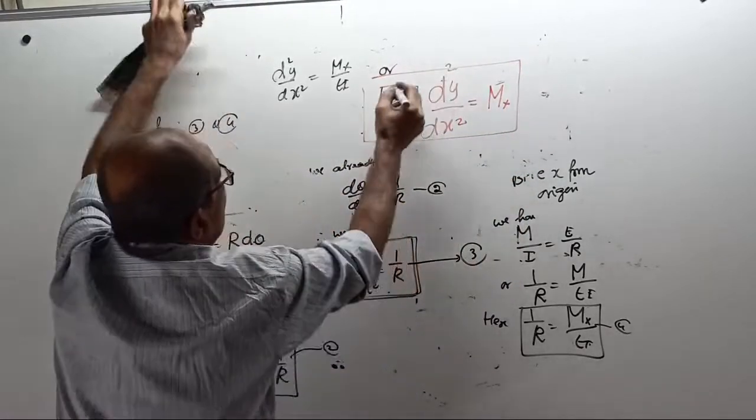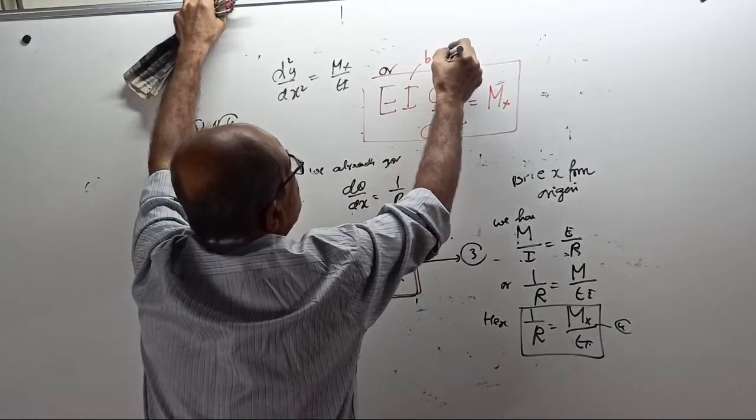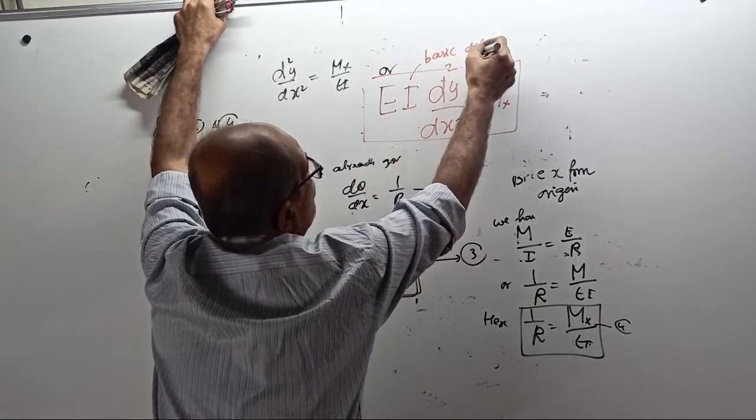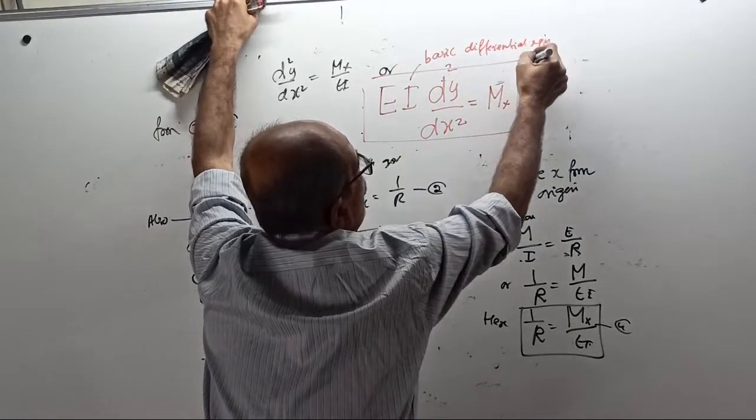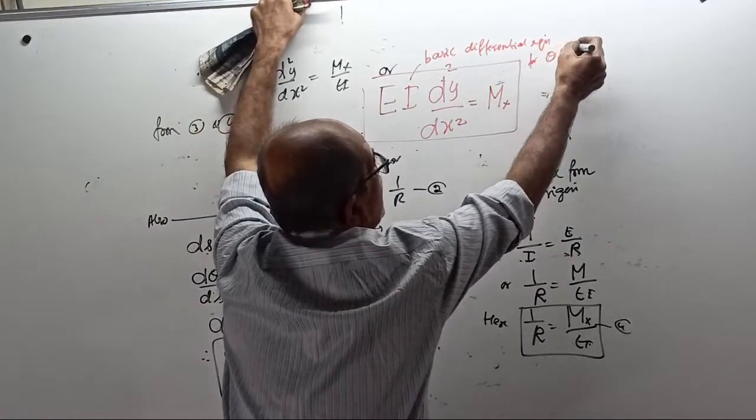This is called the basic differential equation for slope and deflection.